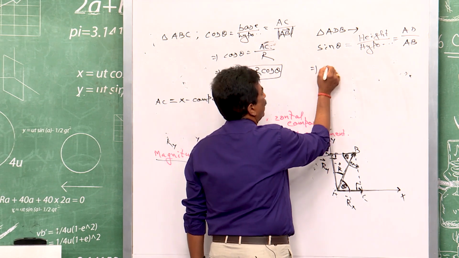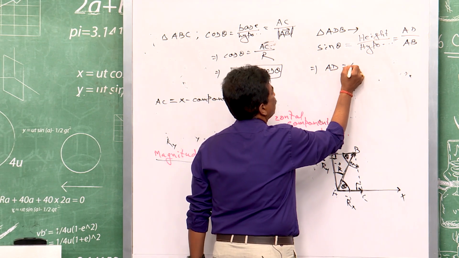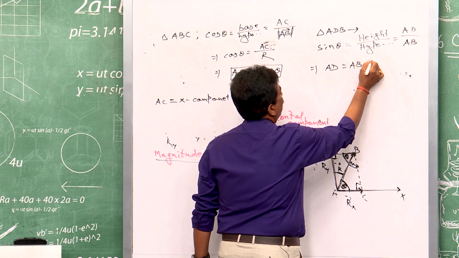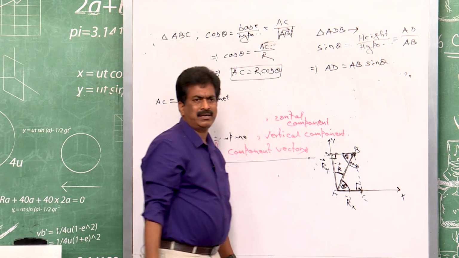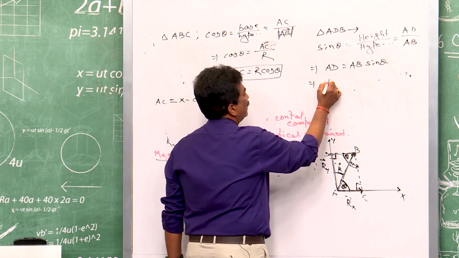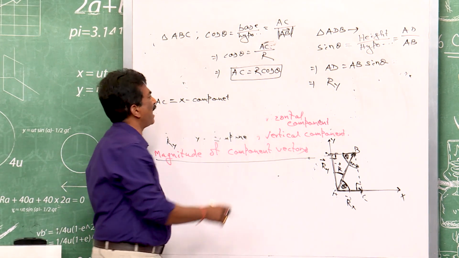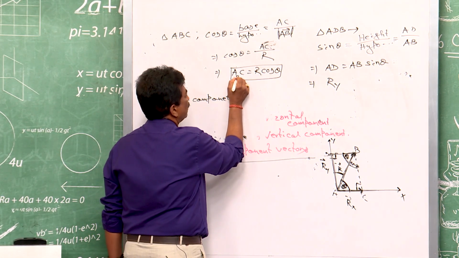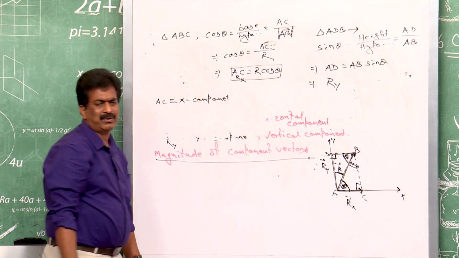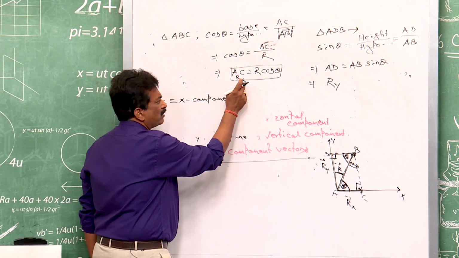And this implies AD is equal to AB sin theta, and that implies AD is the y component of vector r. Here AC is the x component of the vector r, that is equal to Rx.